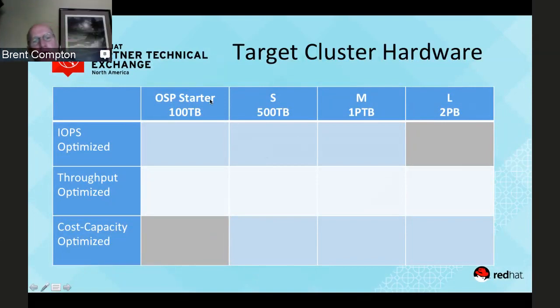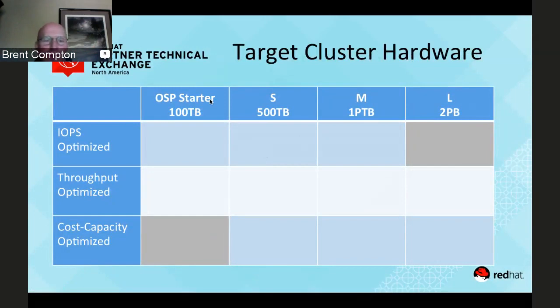The one on the left we've labeled OpenStack Starter. A lot of folks, as they do initial pilots and proofs of concept with OpenStack, might be using relatively small amounts of capacity, a Glance image store, a little bit of persistent Cinder devices and whatnot.